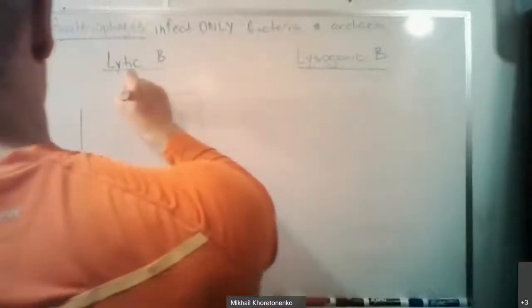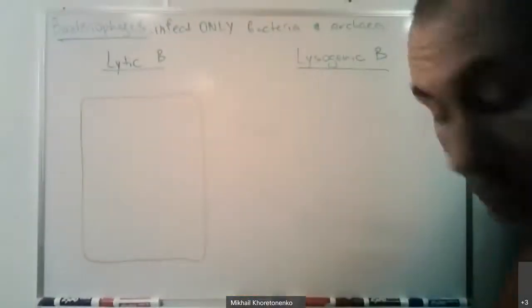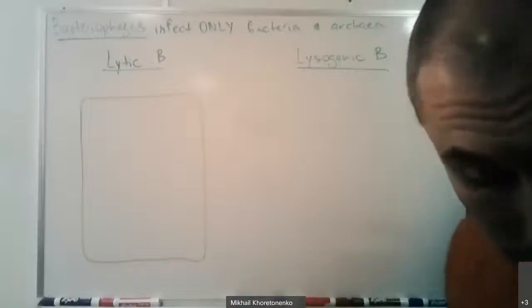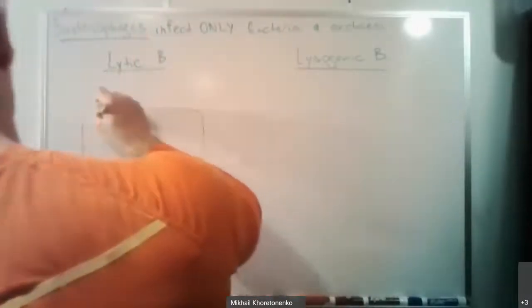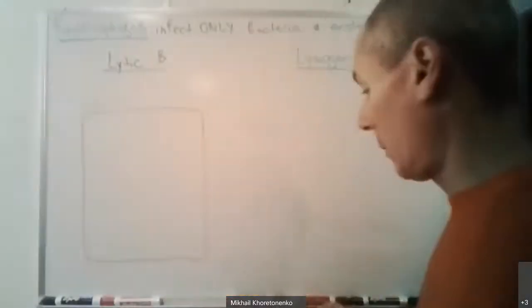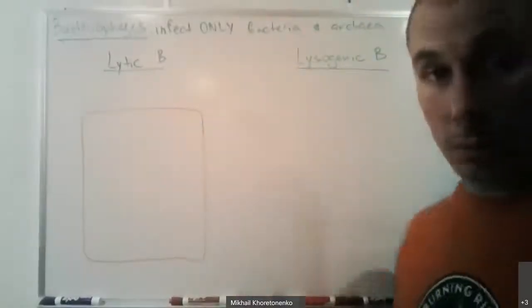So here you can see a bacterial cell. I will actually make it a little bit smaller. And I'm going to use this color for everything bacteriophage.